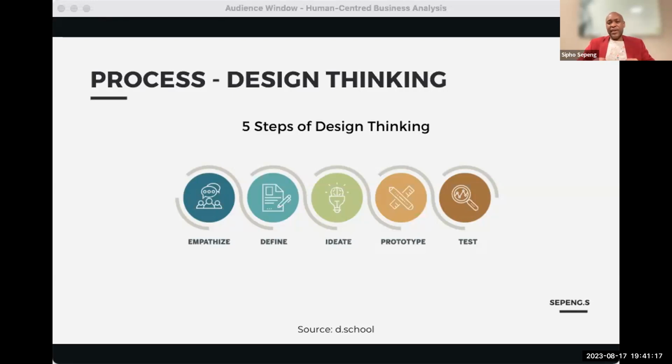Design thinking is much more about doing than thinking. And so in the prototype phase is where we start building low-fi prototypes to quickly put in the customer's hand and get their feedback. It's iterative.